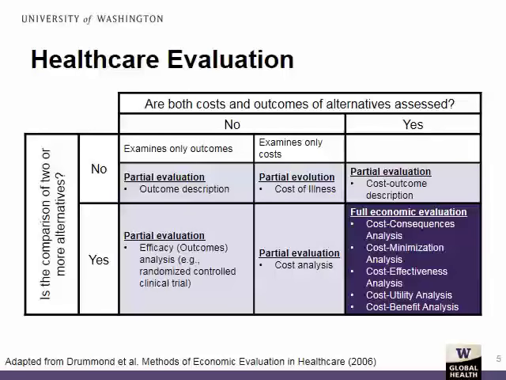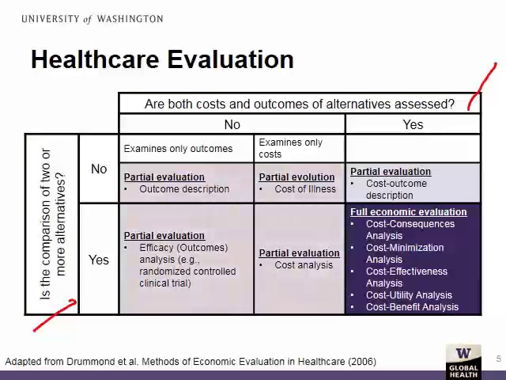So let's look at healthcare evaluation in general. We can ask ourselves 2 questions, and up here we have the question of whether we are assessing both costs and outcomes of alternatives, and down here we have the question of whether we are comparing 2 or more alternatives. And if we are not comparing both costs and outcomes, then we have partial evaluations.